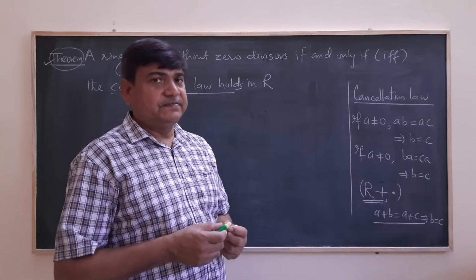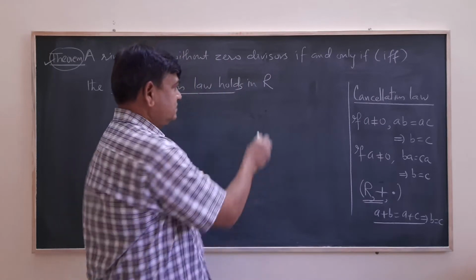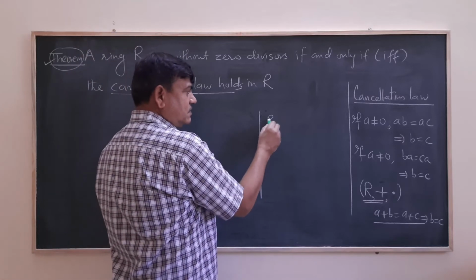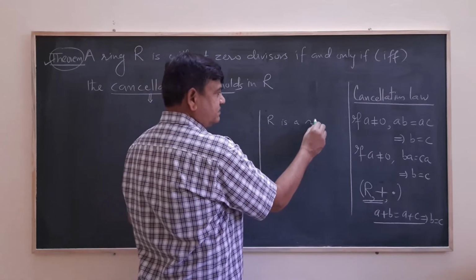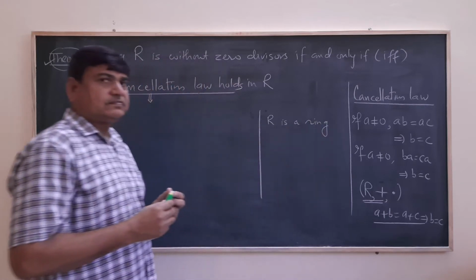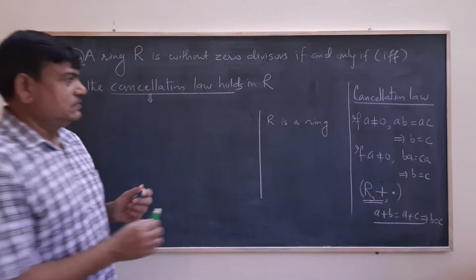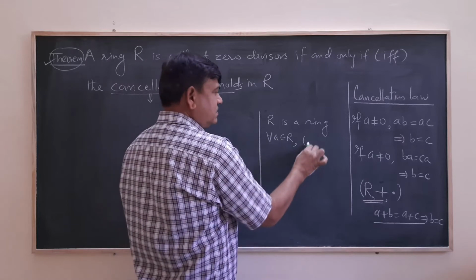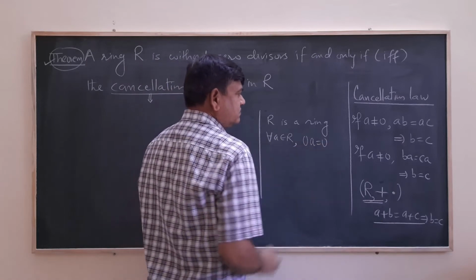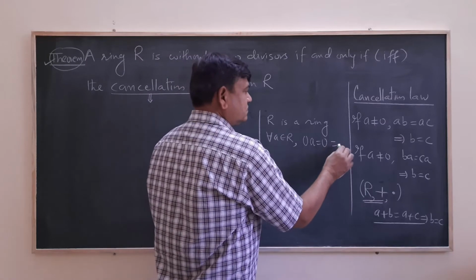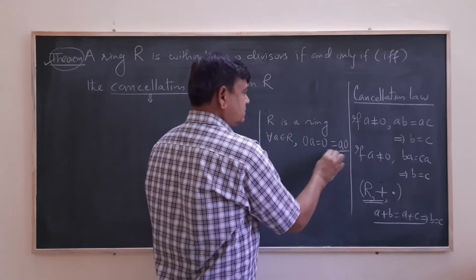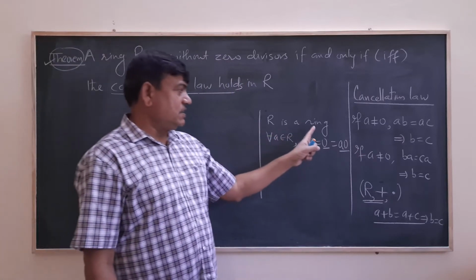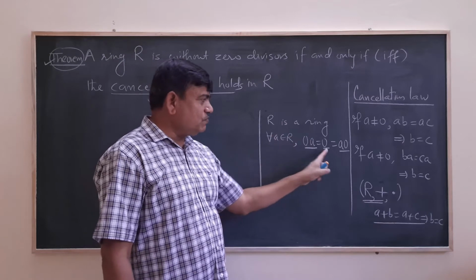But before this, R is a ring. For all A belongs to R, prove this.